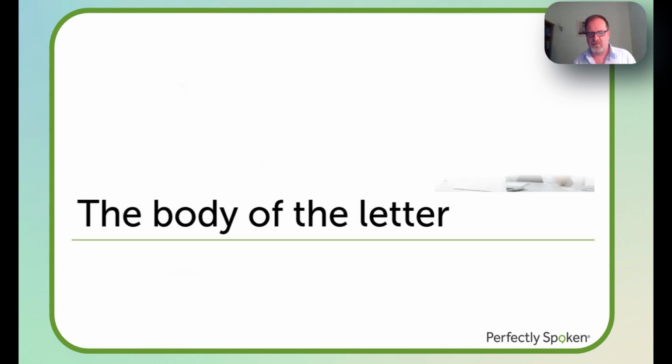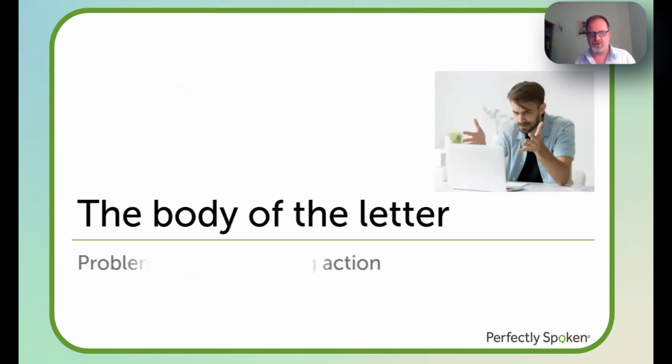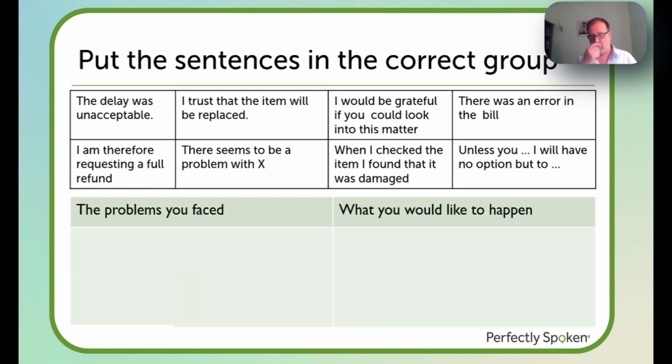Okay, so still on the body of the letter, I want to look now at some problems and how to demand action, how to say what you want the hotel, the restaurant, or whoever you're writing to do as a result of your complaint. So, we've got a number of expressions here and two categories.